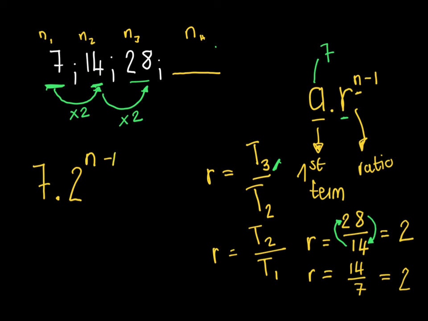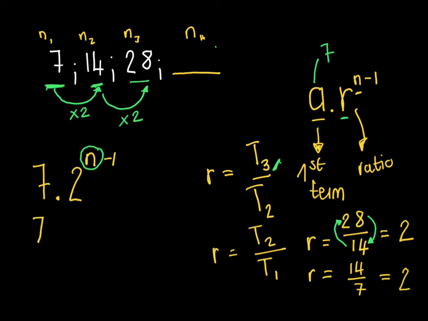And depending on which one of these n's we are looking for, we know that the one we're actually looking for is 4, so we can take this n over here and replace it with 4. You're going to put 4 in place of that n, and that should give us the answer we're looking for.